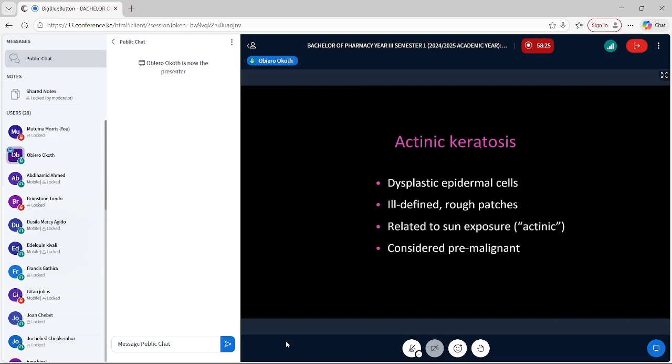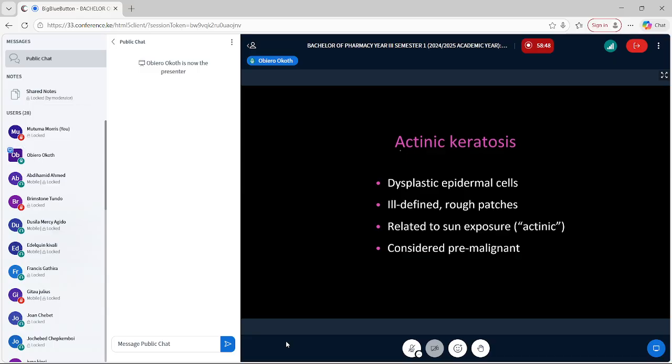Actinic keratosis basically is dysplastic epidermal cells, but limited to the epidermis. It has not gone into the dermis. When you have a dysplasia, you know the issue of dysplasia: just a dysplastic epithelial lining without subepithelial involvement.